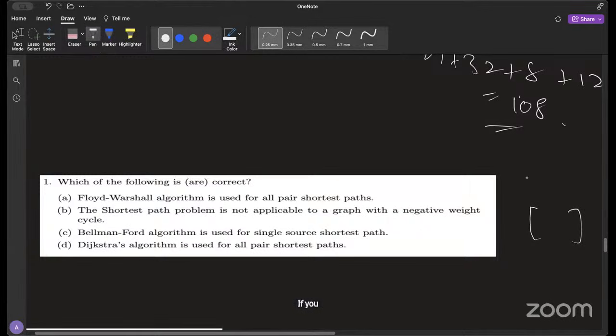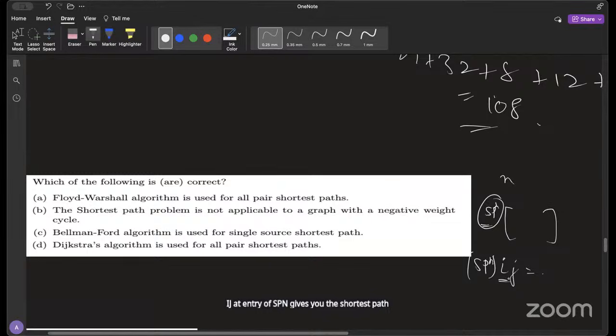So if you have n vertices, then the matrix that you get at the end gives you the shortest path from each vertex to every other vertex. The ijth entry of the matrix gives you the shortest path from I to J or J to I, right?